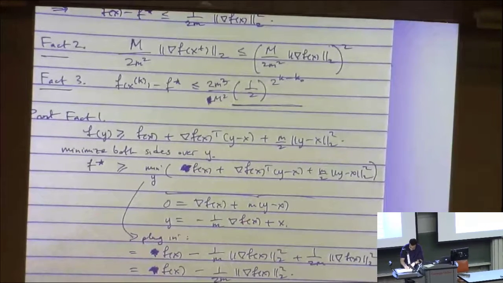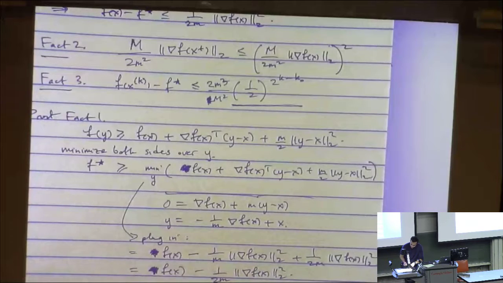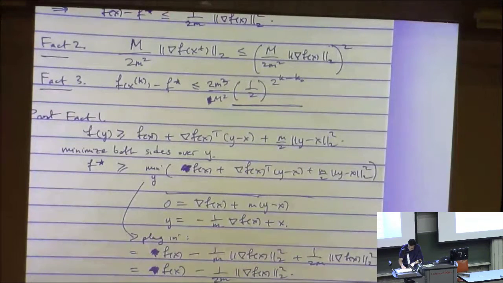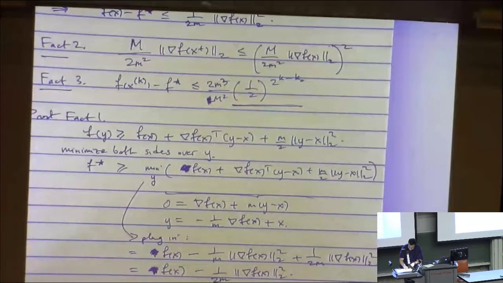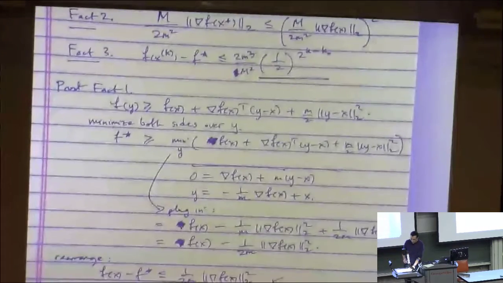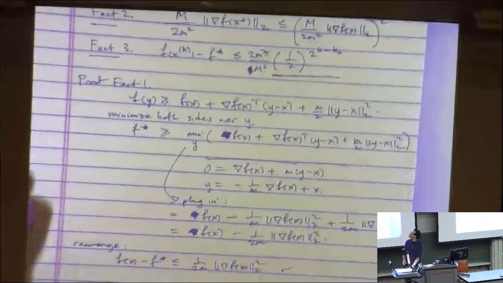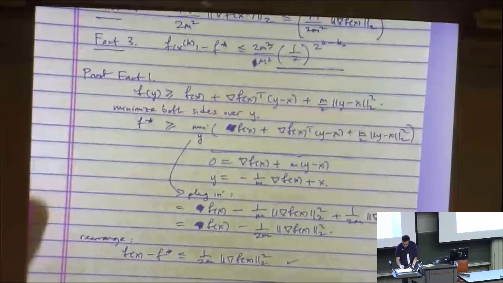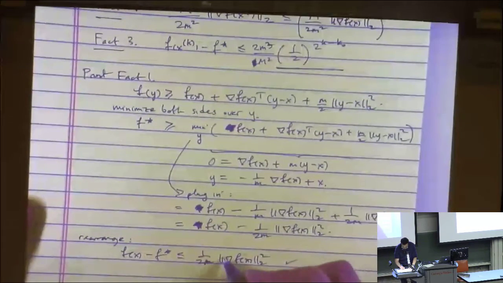And now I just rearrange, right? The right-hand side is this. The left-hand side is f star. Rearranged, it tells me that f of x minus f star is less than or equal to 1 over 2m times the norm of the gradient squared. Okay, so that's our proof. And this is going to be very useful because we're going to be keeping track of gradients here.